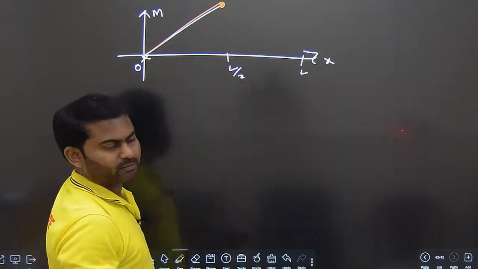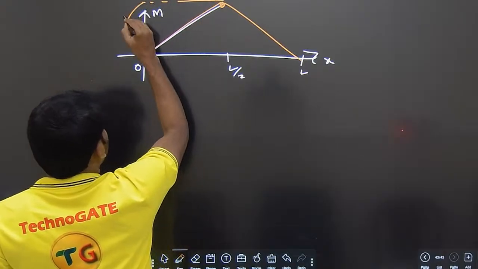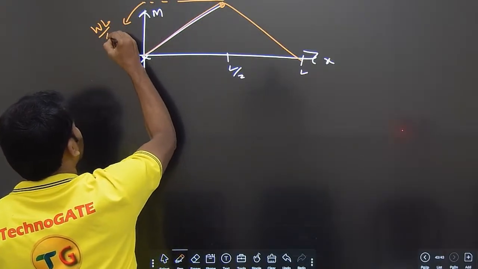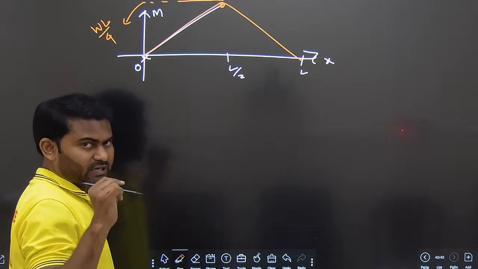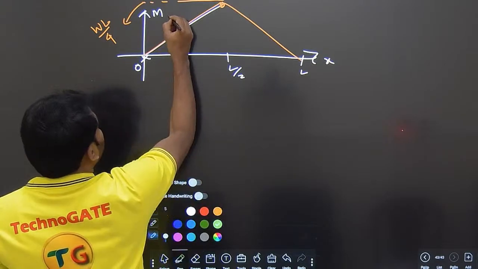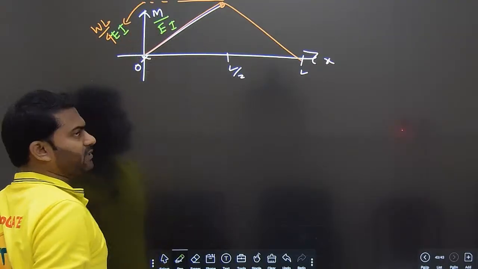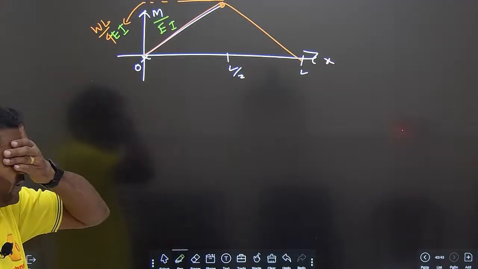I hope it is visible on the screen, right? The maximum value of bending moment is WL by 4. We already derived this in the first chapter. And since we take EI in the denominator, we will have WL by 4EI as the value. Okay, clear?